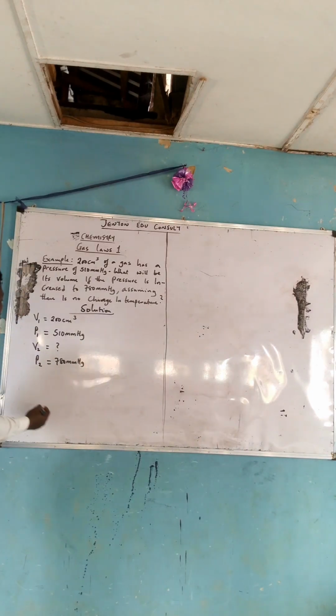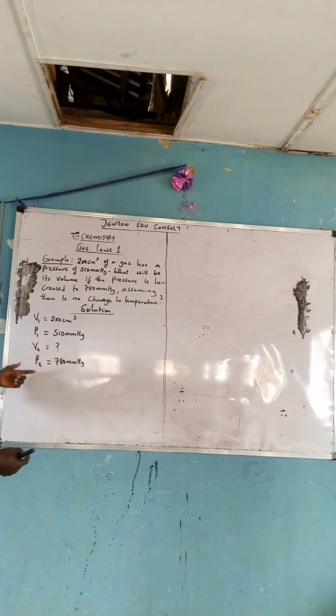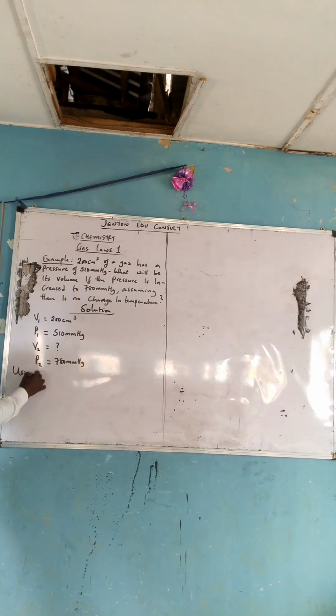So going further, you will see that we're given V1 and P1. We're told to find V2. Meanwhile, we're also given P2. So to find that, what are we using in this case? This already shows the relationship between volume and pressure where temperature is constant. That means we are using Boyle's law, which says P1V1 equals P2V2.